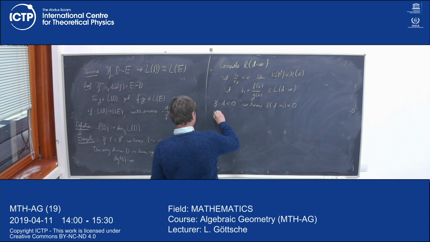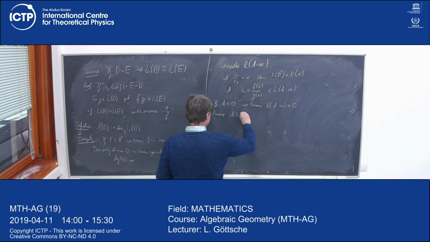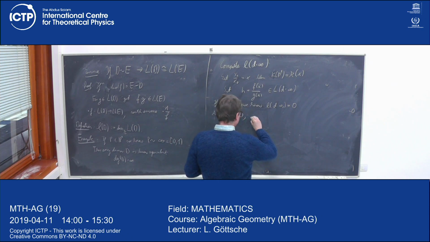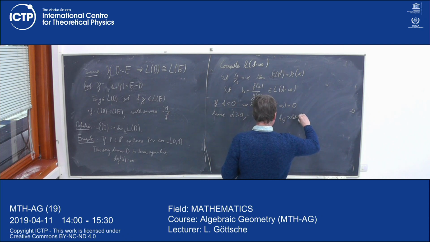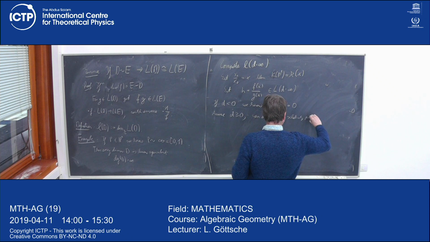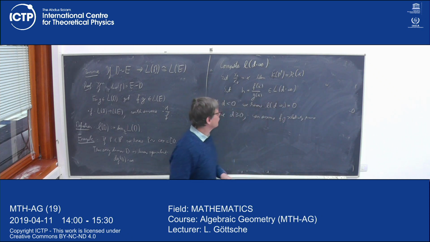So we assume d is bigger or equal to 0, and that f and g are relatively prime, so they have no common zeros.